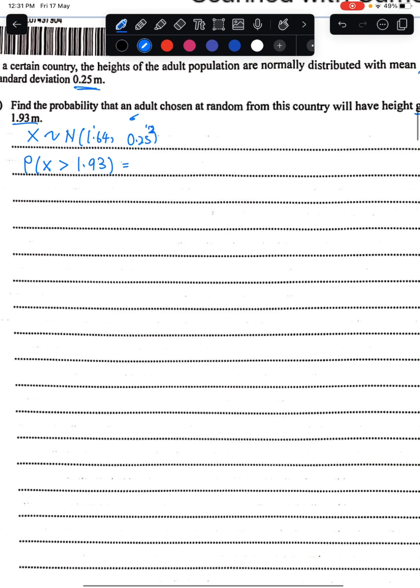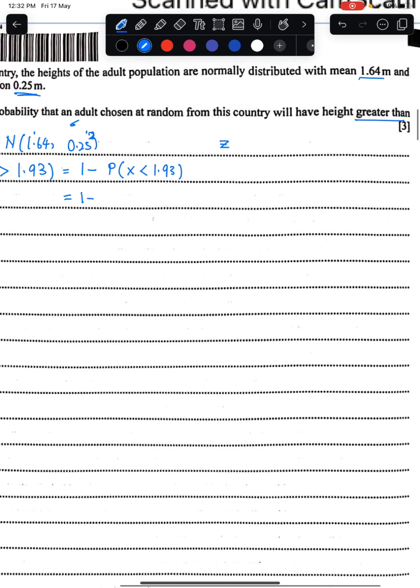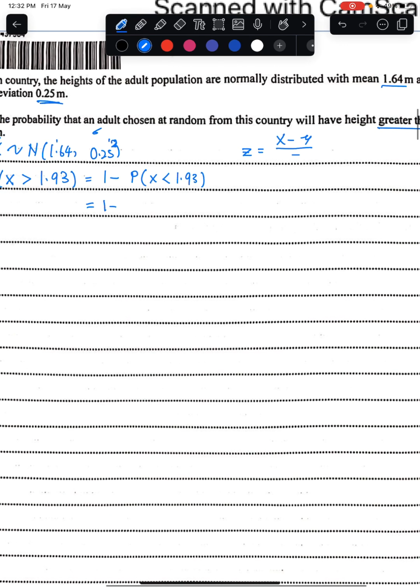The equation for the z-score that you use to find the probability from the graph is x minus your mean divided by the standard deviation.